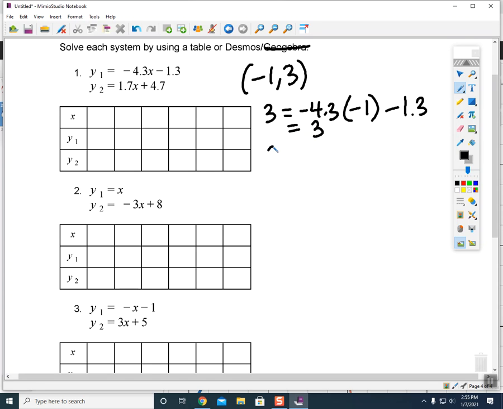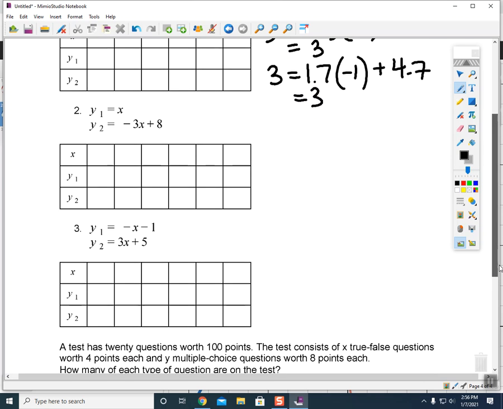If I do it for the other one, I have 3 equals 1.7 times negative 1 plus 4.7. So I would have negative 1 times 1.7 is just negative 1.7 plus 4.7 is also going to give me 3. So that one works.